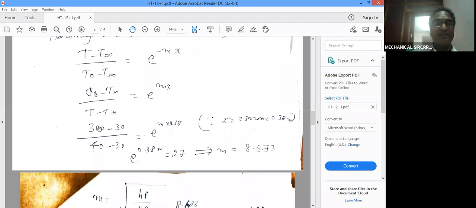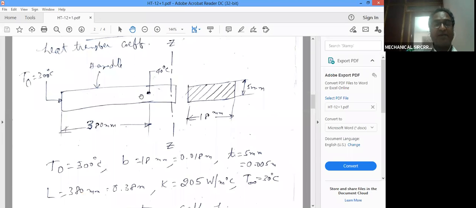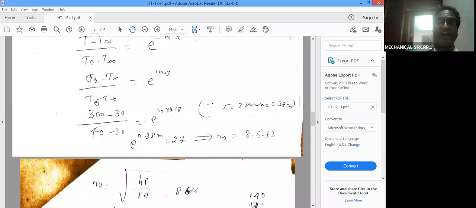So T0 is 300, T free stream is 30, divided by the temperature at a given value of x. Here x is equal to L, so at a given value of x from the base the temperature is 40 degrees centigrade. That is the temperature at a distance of 380 mm, 40 degrees centigrade.